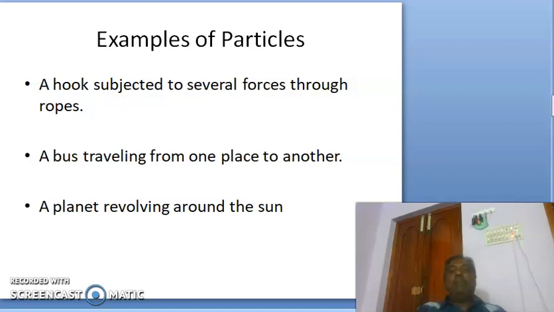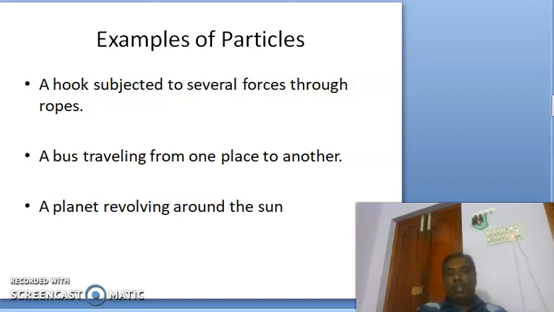Again, a planet revolving around the sun. When you study its position, we normally mark the orbit through a line and the planet through a dot, or maybe even a larger circle, but still when we don't consider its rotation, its position can be marked as the center of that circle.